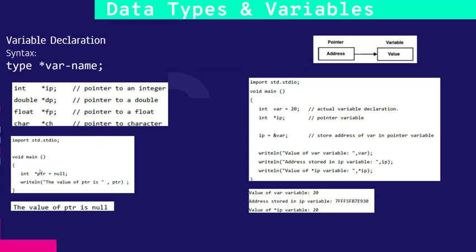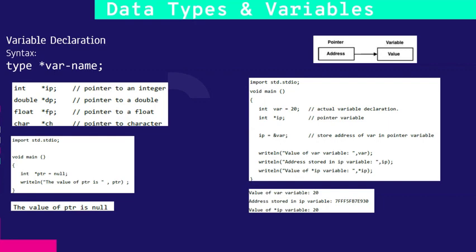This means this pointer is only creating a space to hold the address of an integer type variable, but we don't know the value. That's why this null pointer is used. So if we print this value, the output will be that the value of the pointer is null.